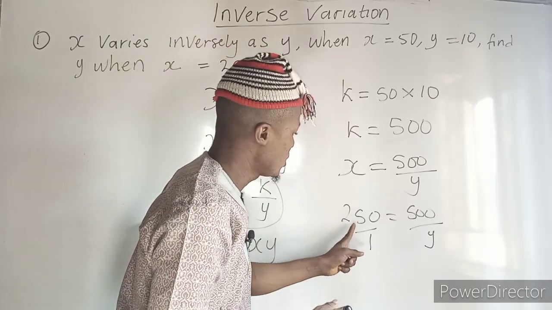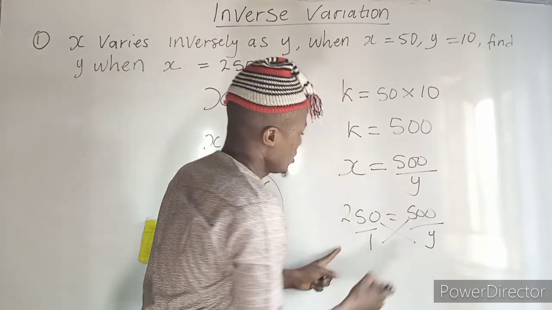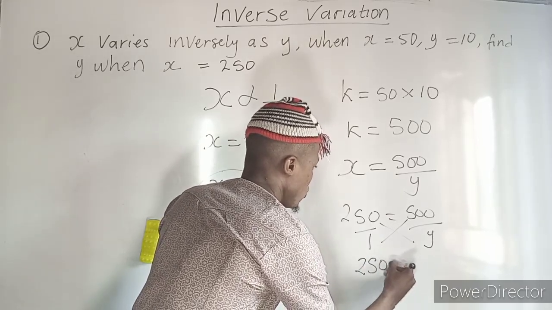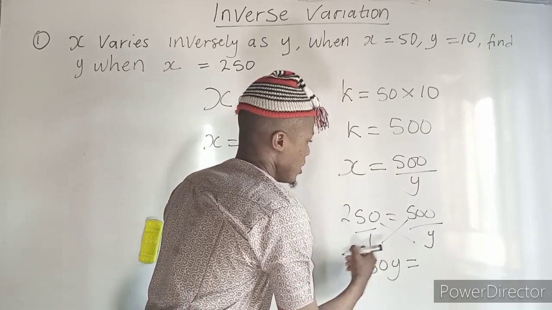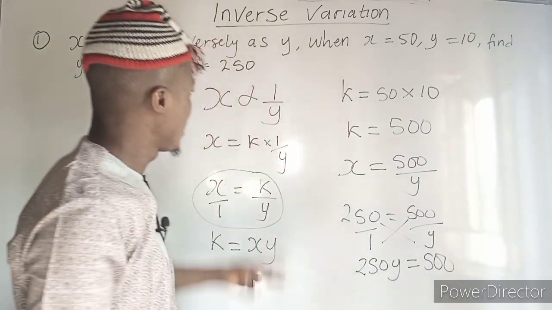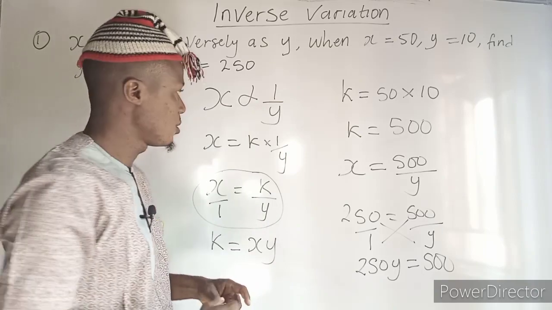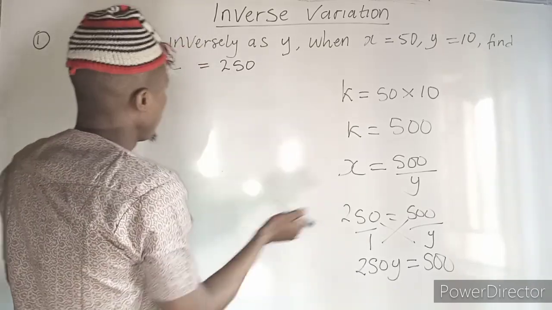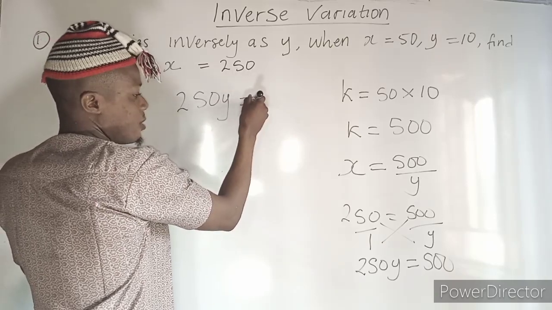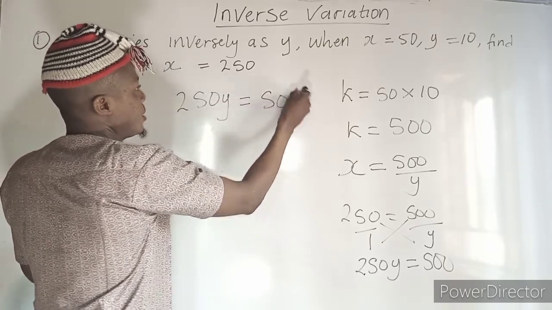When I cross multiply, look at what I mean by cross multiplication. 250 times y will give us 250y equals 1 times 500 will give us 500. Now let me clean this side so that I can complete this particular question. So we arrived at 250y is equivalent to 500.